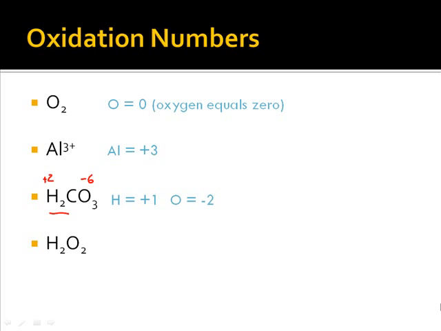So carbon, the one that is the big question mark here, has to have the correct charge so that when all of these oxidation numbers of each individual atom are put together, we're going to get neutral. So what +2 and -6 will give this a charge of 0? Well, if carbon is a +4, a +2, +4, that's a +6, add that to -6, that gives us 0.